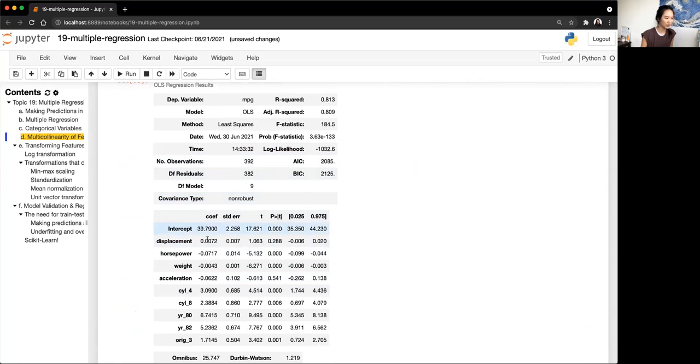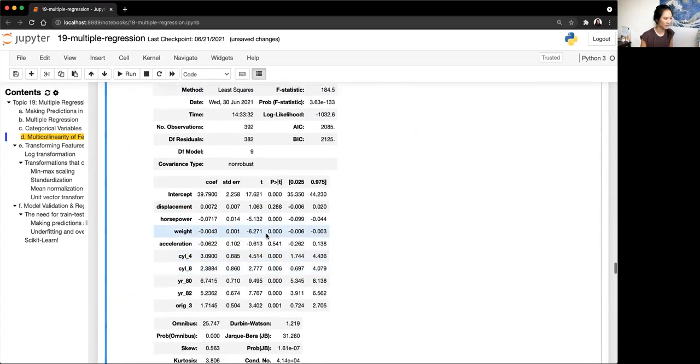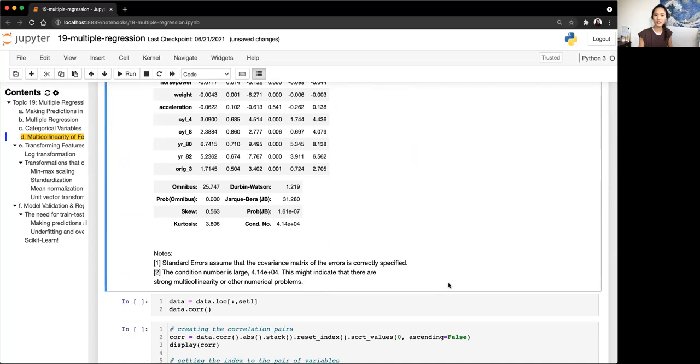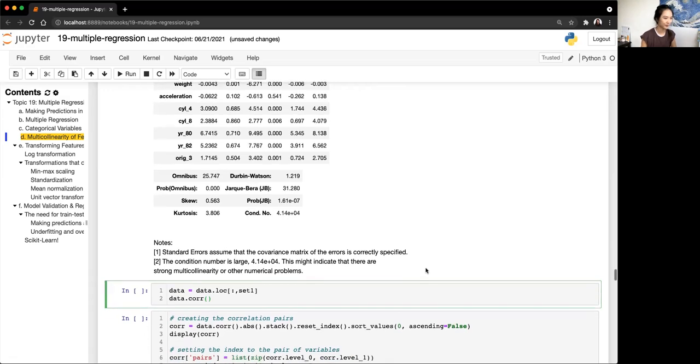So with these features alone, we got a pretty decent R squared still, but we still have some insignificant features. So let's look at multi-collinearity and figure out whether we have it present in our data, to make our model perhaps do a little bit better.